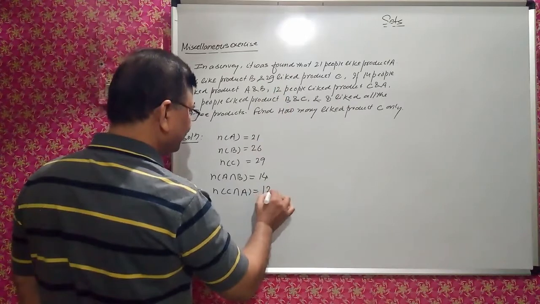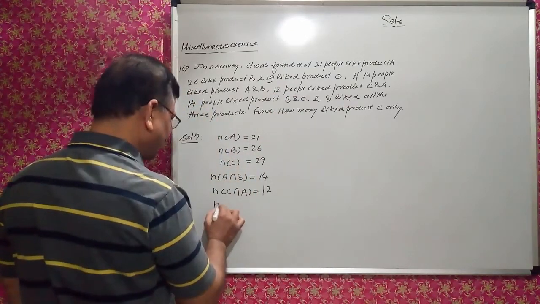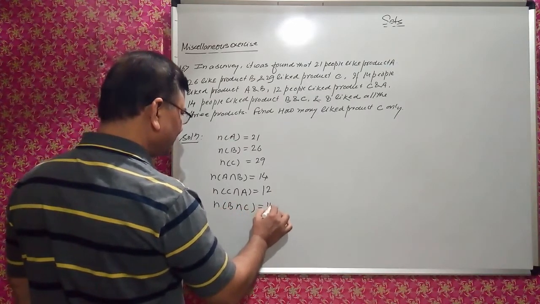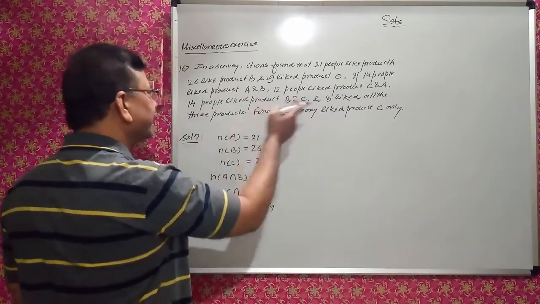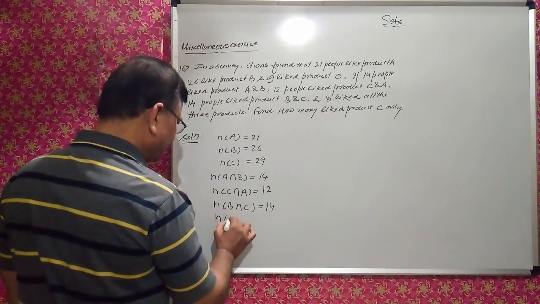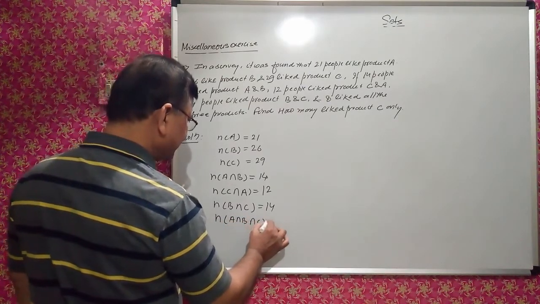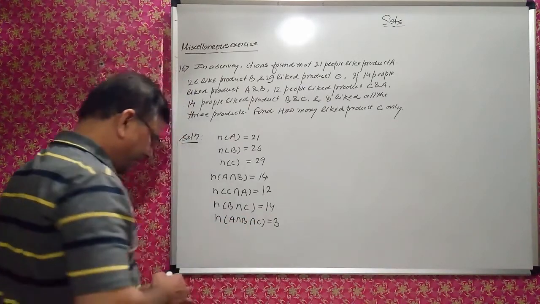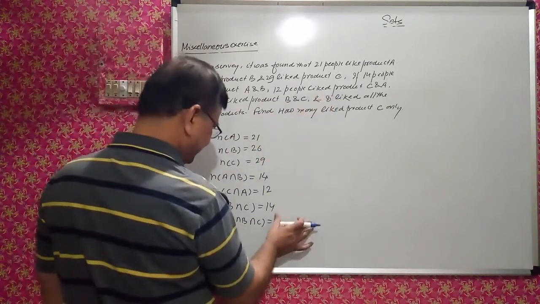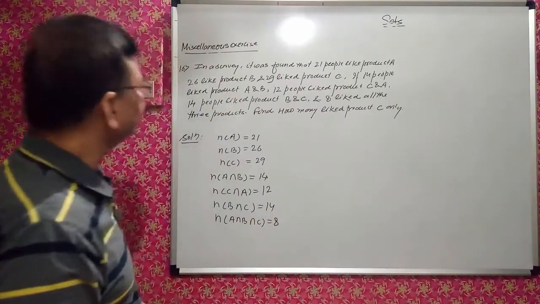That is 12, right? And for B and C, that is 14. So N(B and C) is equal to 14. And how many like all three? 8. So N(A intersection B intersection C) is equal to 8. We did this: all the three, that is 8 liked. So let's verify once again.